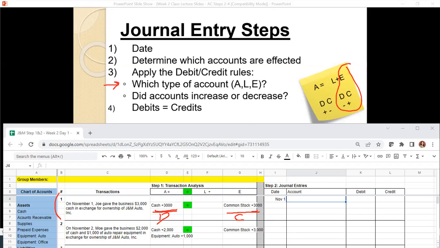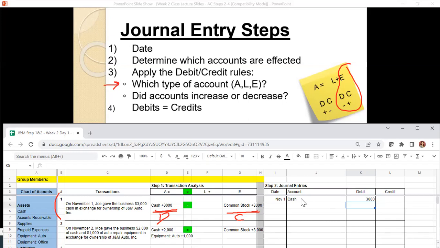So when we go to record it, best practices are that you will list the debits first. So looking at the transaction analysis we've done here, I see that cash is going to be debited. So I put here cash as my first account. And next to cash in the number column, I put 3,000. I don't need to put plus 3,000.